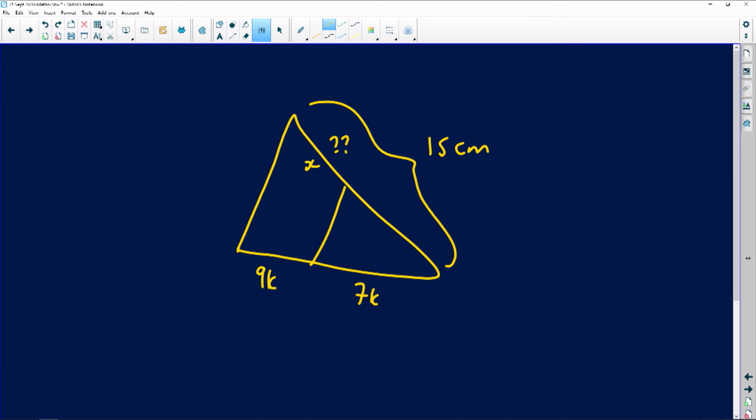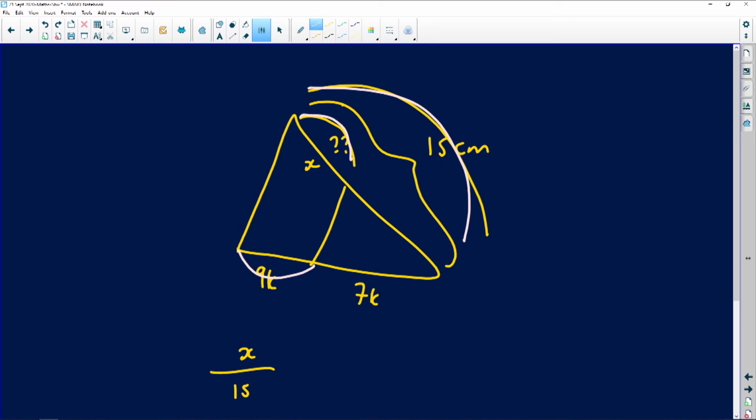So I'm going to go long over short. How am I going to do my proportionality? I'll say X divided by 15. I'm going short side over long side, right? That will be equal to short over long as well. So X over 15 centimeters will be equal to 9K over 7 plus 9, which is simply going to become 16K.